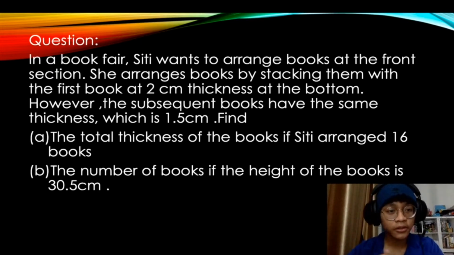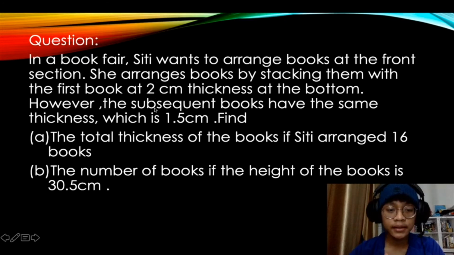Okay, let's solve a question. In a book fair, Siti wants to arrange books at the front section. She arranges books by stacking them with the first book at 2 cm thickness at the bottom. However, the subsequent books have the same thickness, which is 1.5. Okay, the question already gave the first number, A, that is 2.